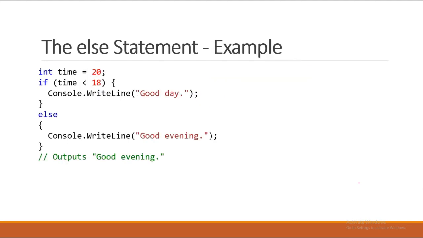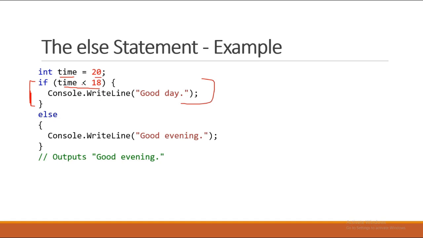This is else that we are going to use, and in the example we have a time variable and it is 20. In the if block, the condition is if the time is less than 18, then this block is executed.